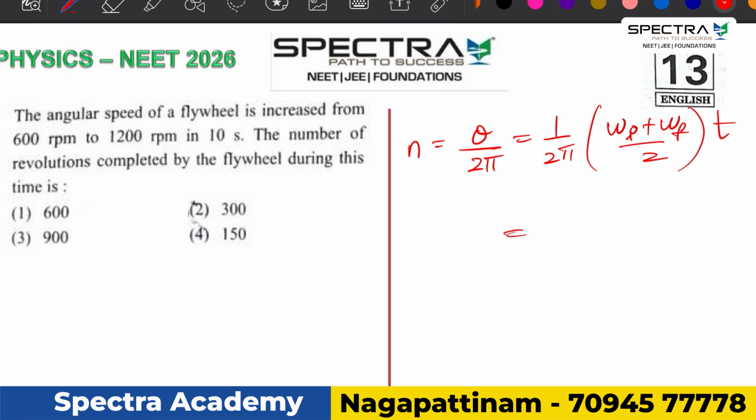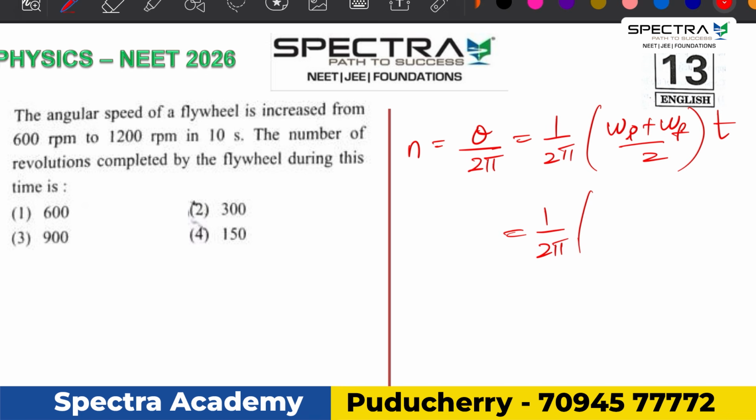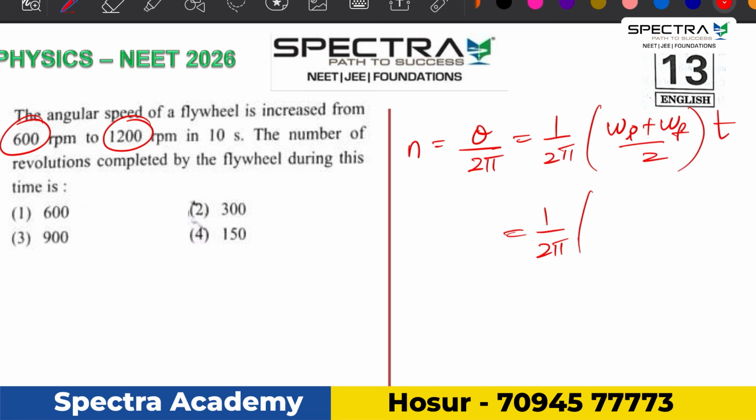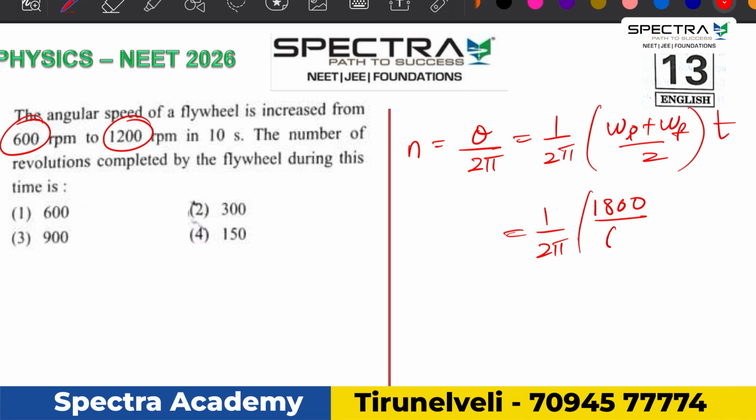It is given in RPM, that is, rotations per minute, so you have to convert into angular frequency also. So 1800 divided by 60 per minute, into 2 pi, then only it will become angular frequency, by 2 into t.